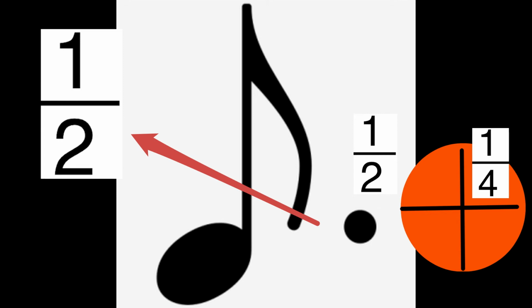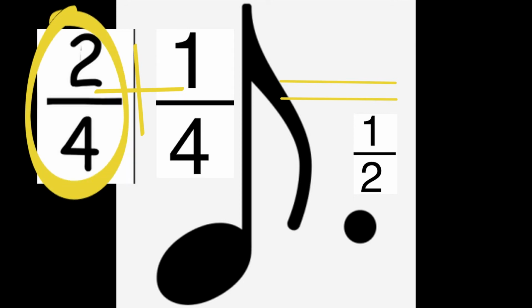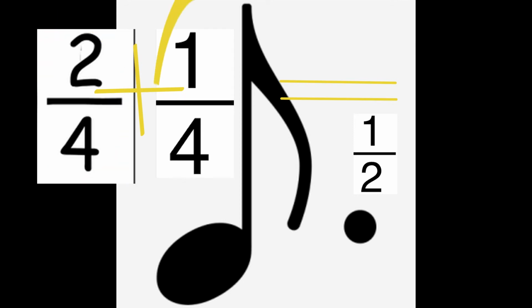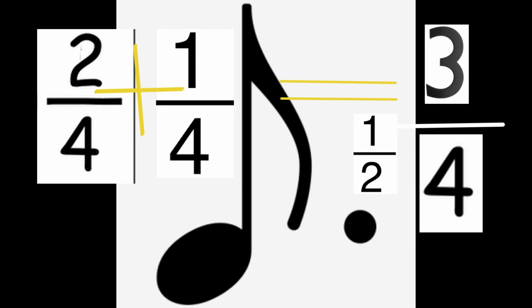What would be 1/2 plus 1/4? We could make this into 2 over 4, plus 1 over 4. 2 plus 1 is 3, and we keep the same denominator, 4. So a dotted eighth note would be equal to 3/4 of a beat. That gets tricky, doesn't it? Hopefully that made a little bit of sense.